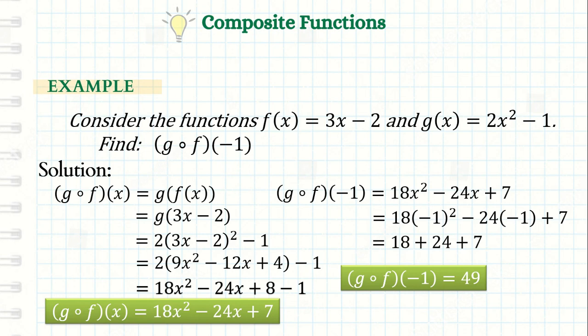Kaya po siya naging 2 times 3x minus 2 squared minus 1. Tapos, doon na po i-distribute yung 2. Yung 2 times 9x squared, magiging 18x squared. Tapos, yung 2 times 12x, magiging negative 24x. Tapos, yung 2 times 4, magiging plus 8. Tapos, bibring down yung negative 1. Kaya po naging equal to 18x squared minus 24x plus 7.